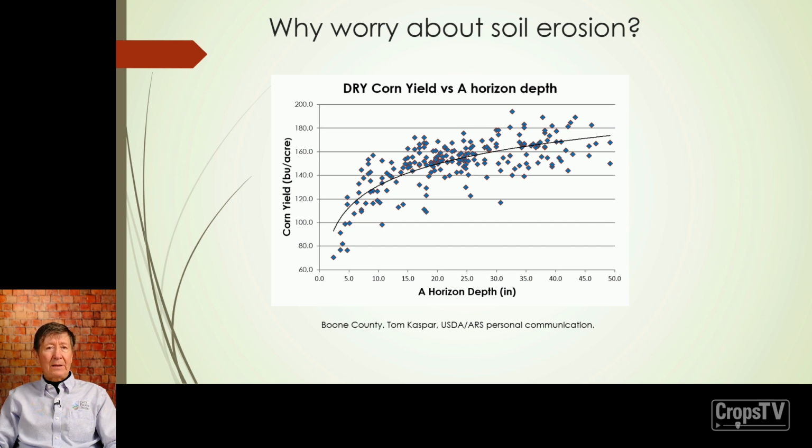The data was collected from 4 years in which rainfall was below normal during the summer. Now that is important, in that soils that are degraded from erosion have the greatest productivity challenges under stressful conditions.